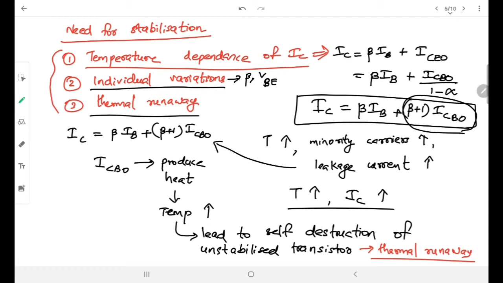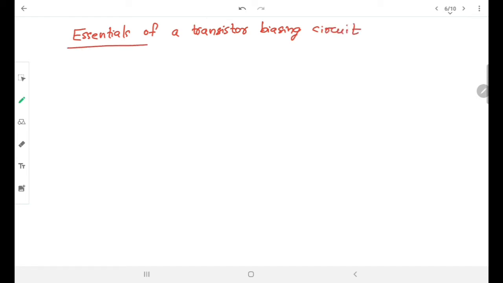So now we have discussed the need for stabilization. Next, we are going to discuss the essentials of a transistor biasing circuit. This is important. We already saw transistor biasing circuit. What do we mean by biasing circuit? The circuit which provides transistor biasing is known as a transistor biasing circuit.